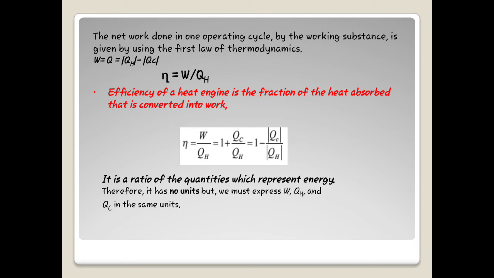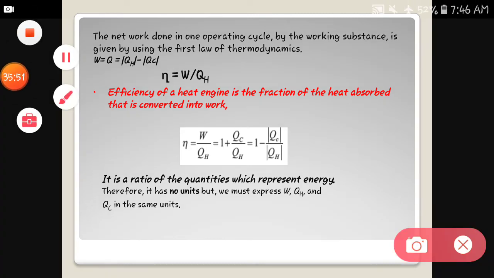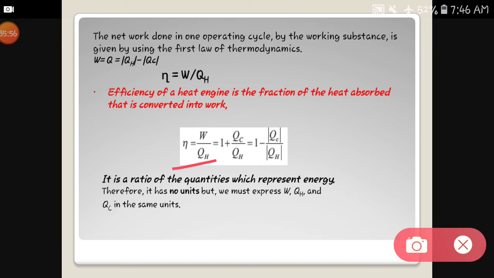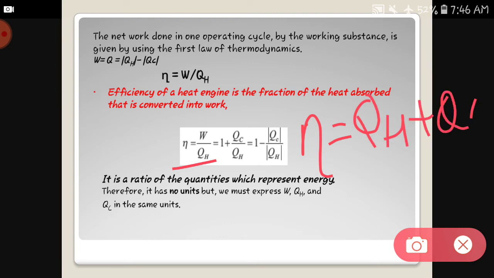So as we know the value for W, as eta is equal to W by QH, we can write it as 1 plus QC by QH. We are saying 1 plus QC by QH because W is nothing but QH plus QC, and as here is the QH, by separating the terms, QH by QH will be 1 and the second term will be QC by QH. So that's why we are getting 1 plus QC by QH.